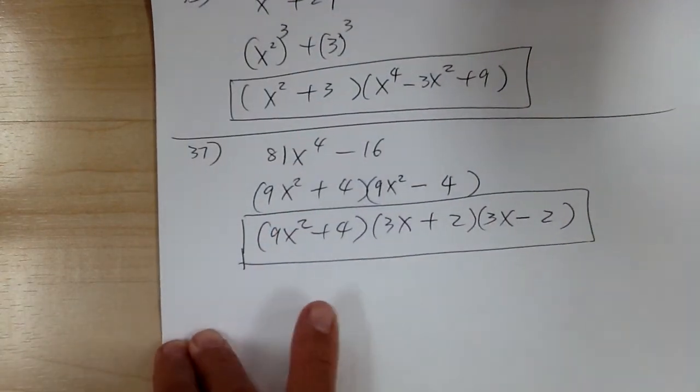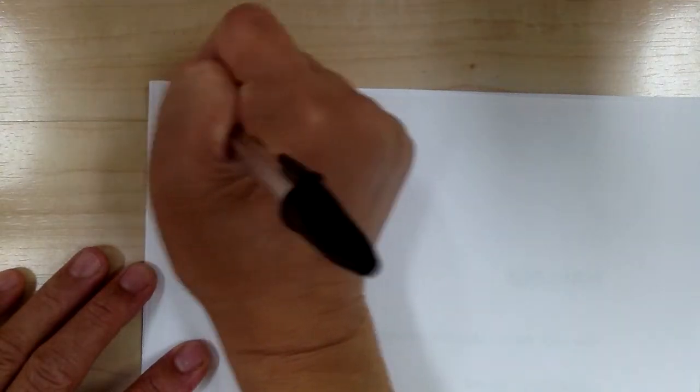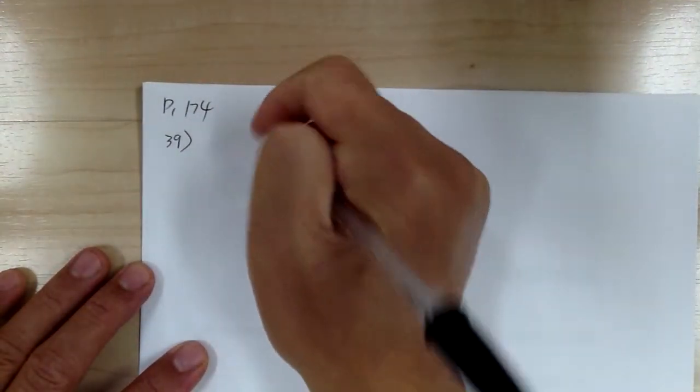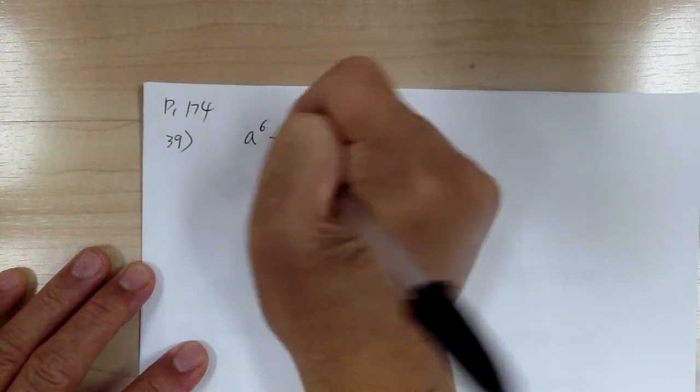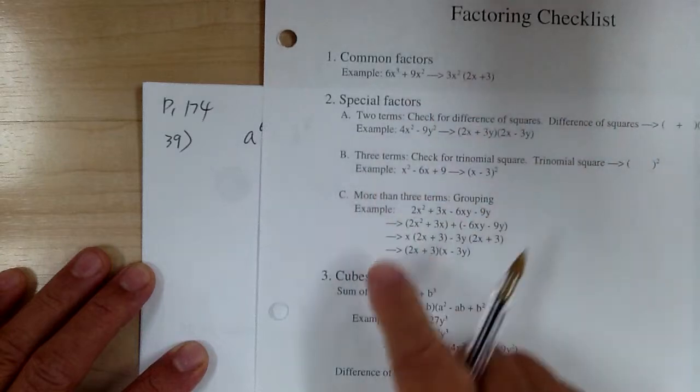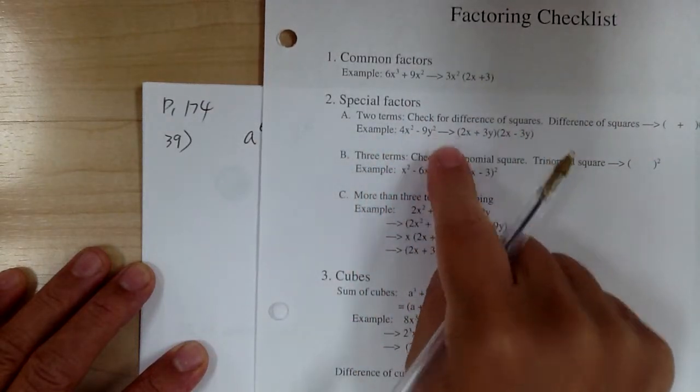Okay, let's go to number 39. You got a to the 6 minus b to the 6. Now this one you can do both the cube and the difference of squares.